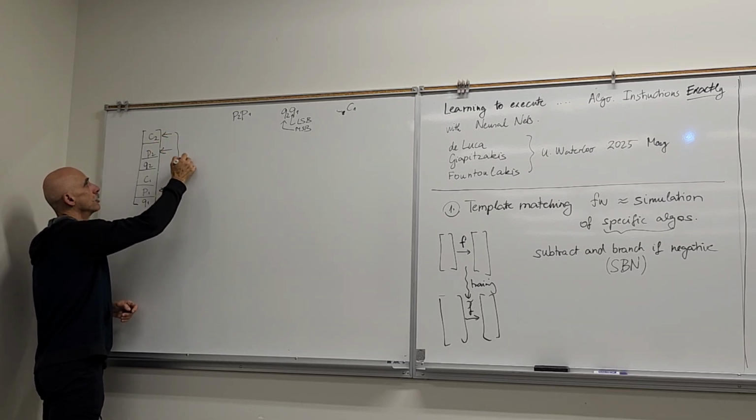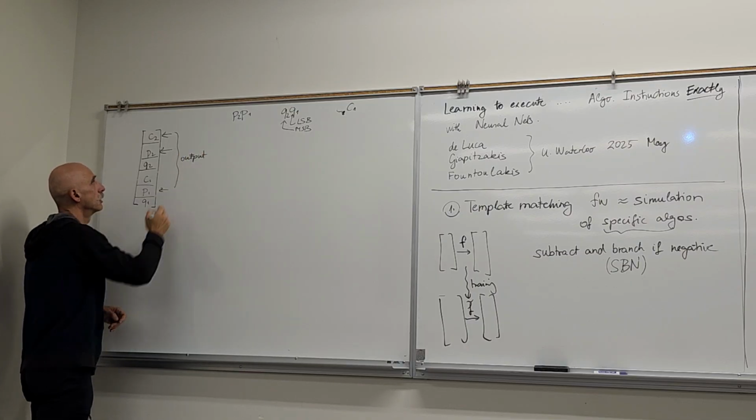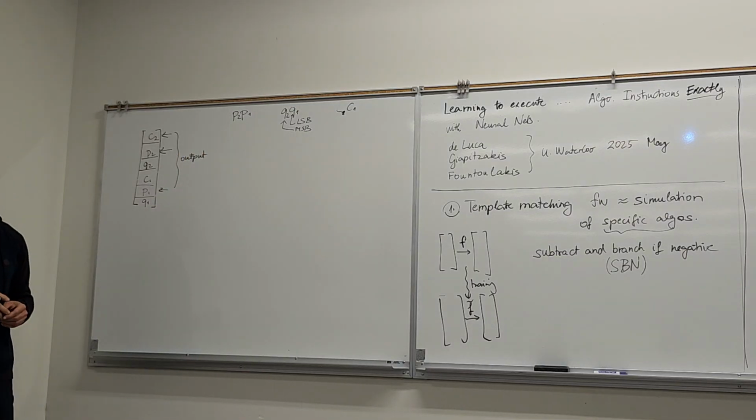This is the output. The code function is reading these bits. So that's where we want to put the output of the calculation.